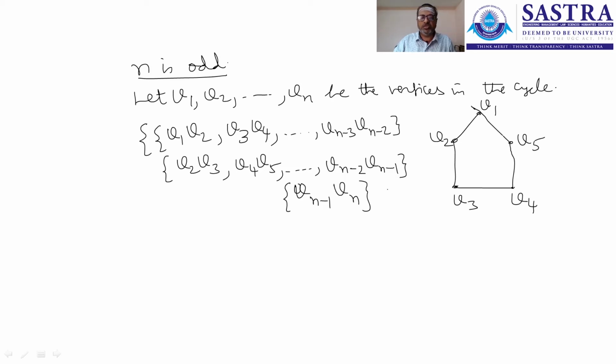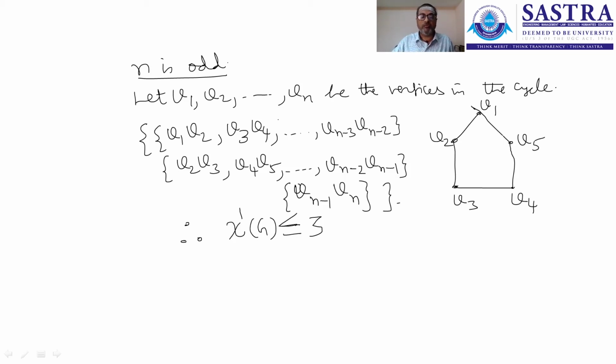So this is a chromatic partition, therefore chi dash of G would be 3. So in the first instance you have proved that chi dash of G is less than or equal to 3. That point you have to understand.